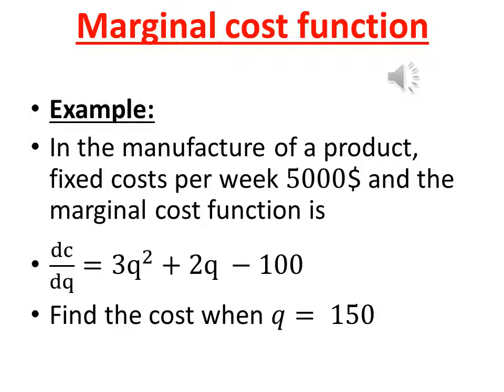So it equals 3 times 150^3/3 plus 2 times 150^2/2 minus 100 times 150. Add, and we get the result.